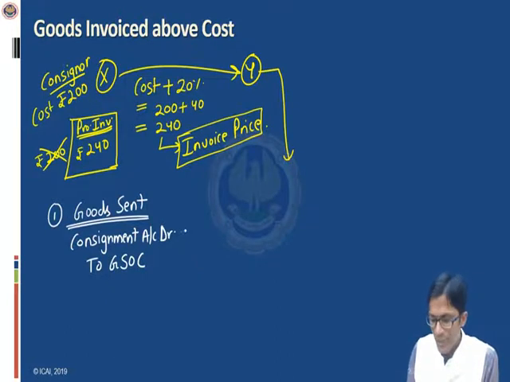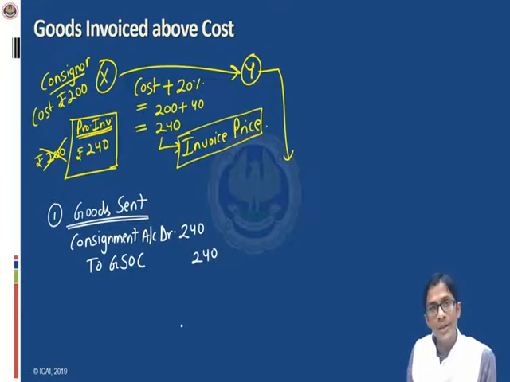By what amount that entry would have been passed? It would have been passed by rupees 240. But we know that in actual situation, the goods are not of rupees 240. X knows it, consignor knows it, that actually this value is not 240 for me, it is just rupees 200 for me.